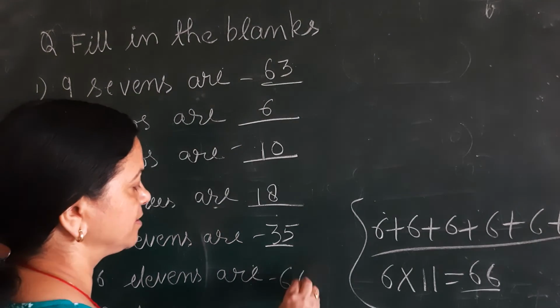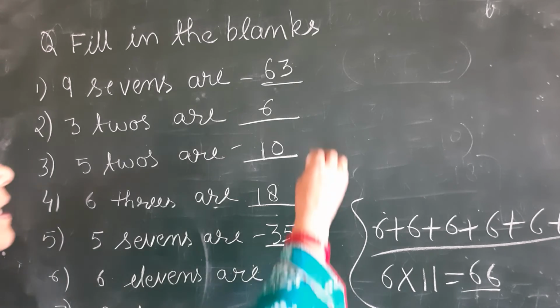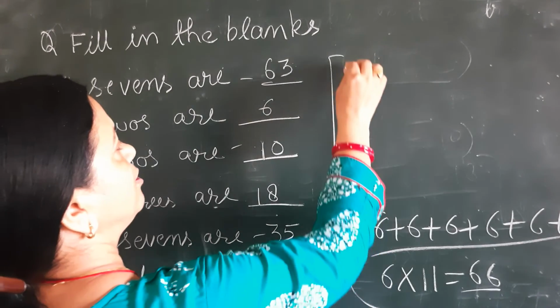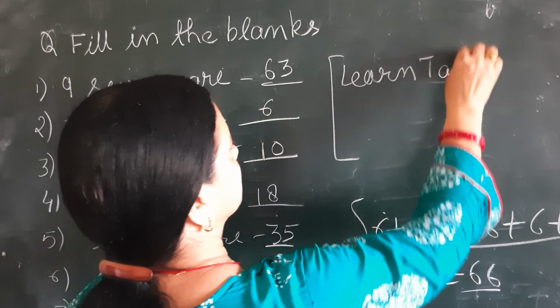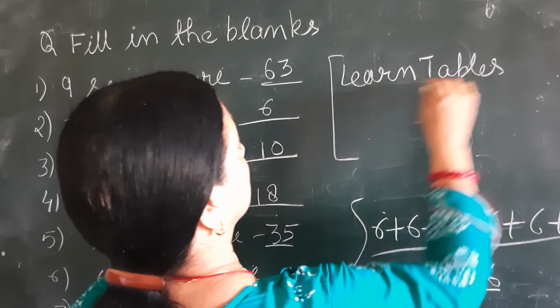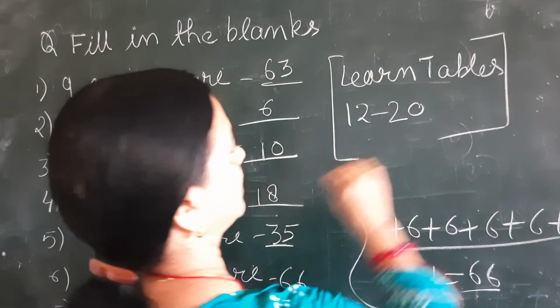Okay, student. So this way you have to do these sums. These are very easy, but for doing such sums, you have to learn the tables. I am telling you again and again that you have to learn tables. Learn tables from 12 to 20.